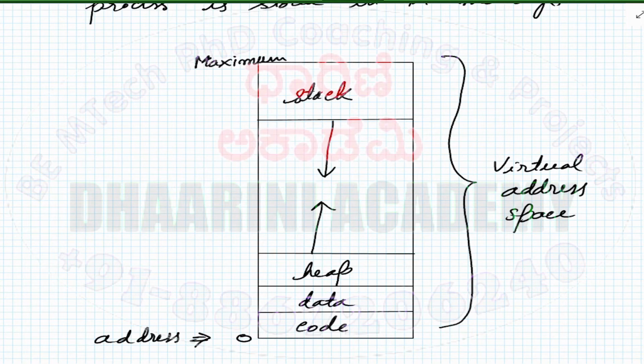Physical memory may be organized in page frames, and the physical page frames assigned to a process are not continuous when it comes to the physical address. Physical memory you cannot allocate continuously because of practical restrictions. Some part will be occupied, some other part will not be occupied.